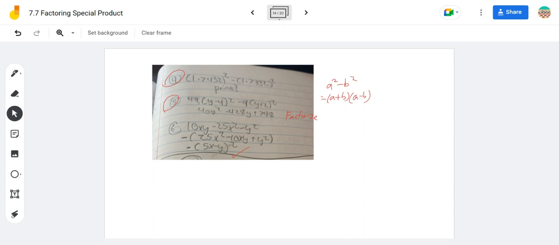So this one, x squared minus 4xy plus 4y squared minus z squared. If you view the first part as x minus 2y squared and then minus z squared, you can continue to factor. You can factor it by using the a squared minus b squared formula.